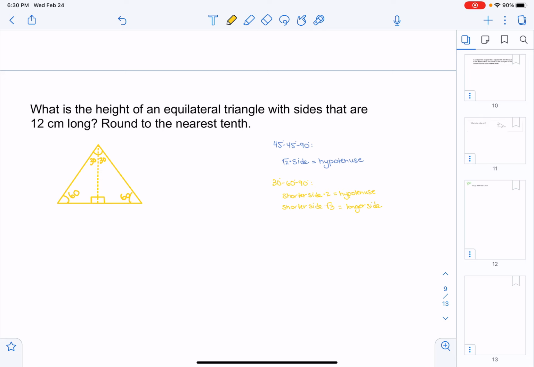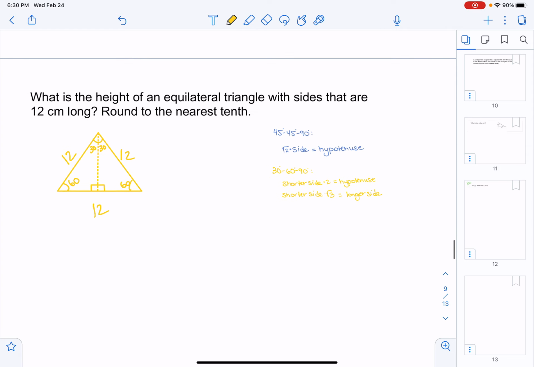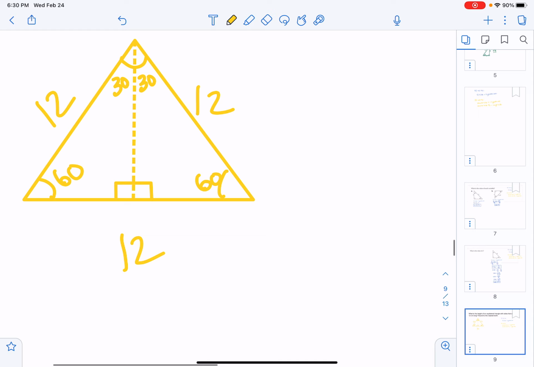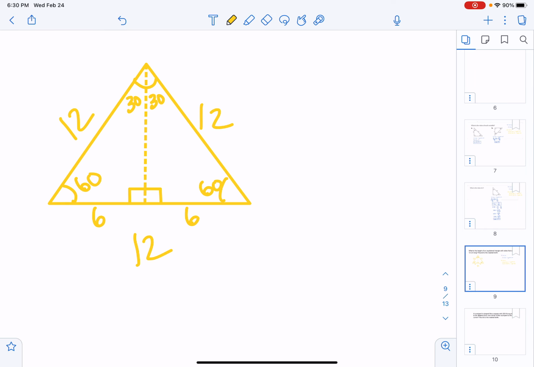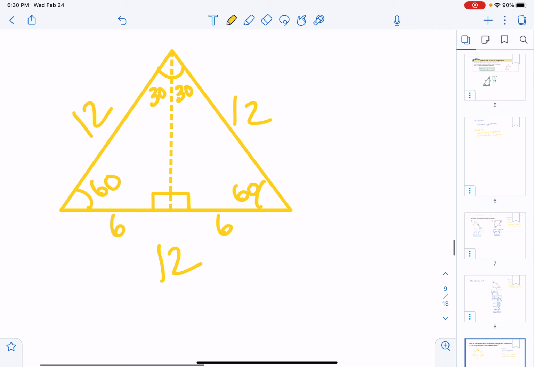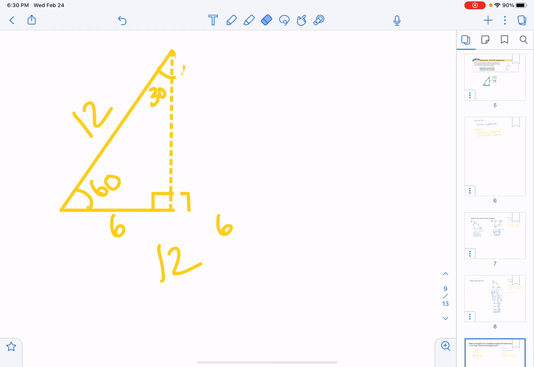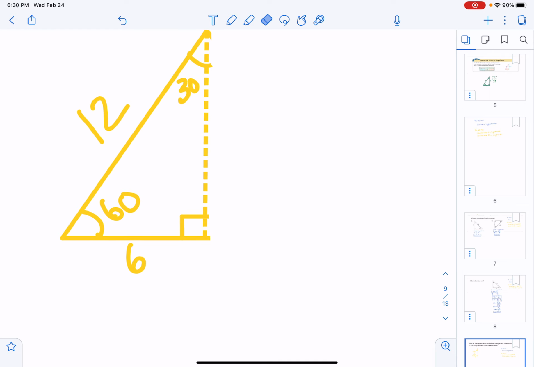So it said each side is 12 centimeters long. So they said, what's the height of this triangle? So instead of having to do Pythagorean theorem, we could just say, well, 12 cut in half, that's 6 and 6. So the height of the triangle, if we just look at one of the sides, we're just finding this height here.